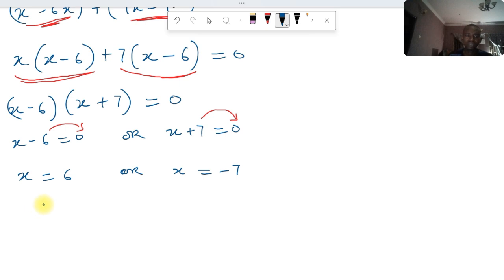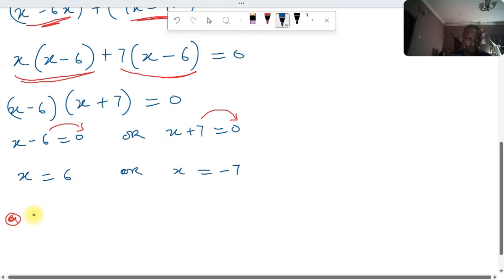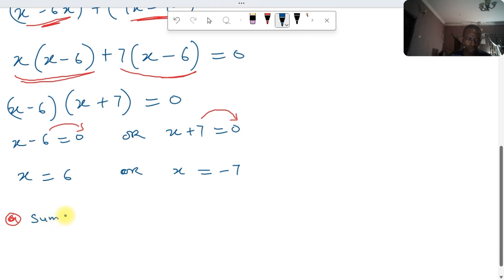So if I want to attempt it now, let me just say for A, we have A and B to be attended to. Now let me do that. Now A says the sum. The requirement is to take the sum of the roots, and what's the sum of the roots?